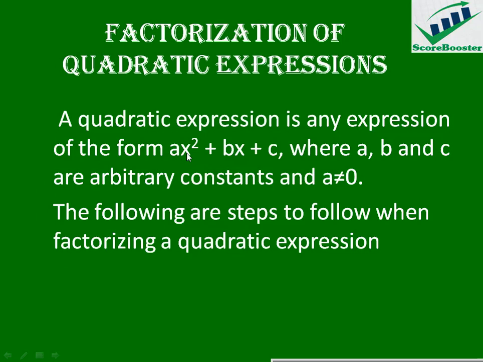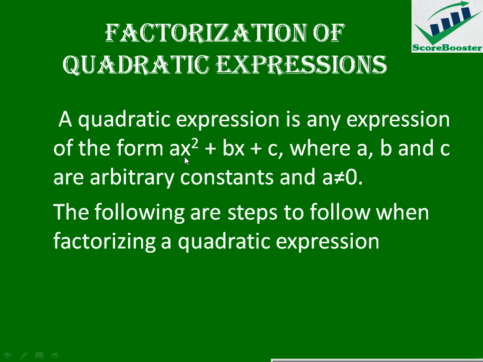In your quadratic expression, you have a variable that repeats itself in the first term and the second term, and it will have its highest power to be 2. But this a, b, c will be numbers. That's why they said they are constants. And for it to be a quadratic expression, the power of your unknown variable, which will repeat itself in the first term and second term, will be 2.